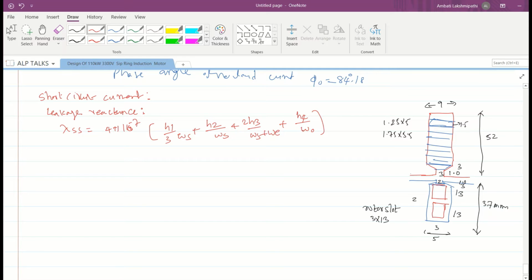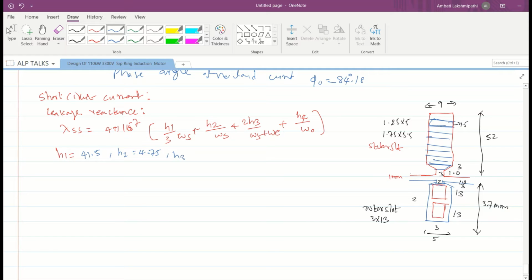Here let's calculate all the dependent parameters. Here you are observing a stator slot and a rotor slot, and in between an air gap of 1 mm, which we mentioned in the figure. For this machine, h1 comes to be 41.5 and h2 comes to be 4.75.